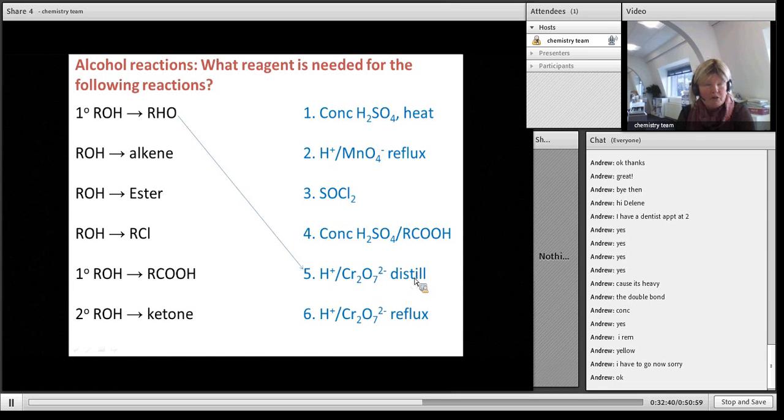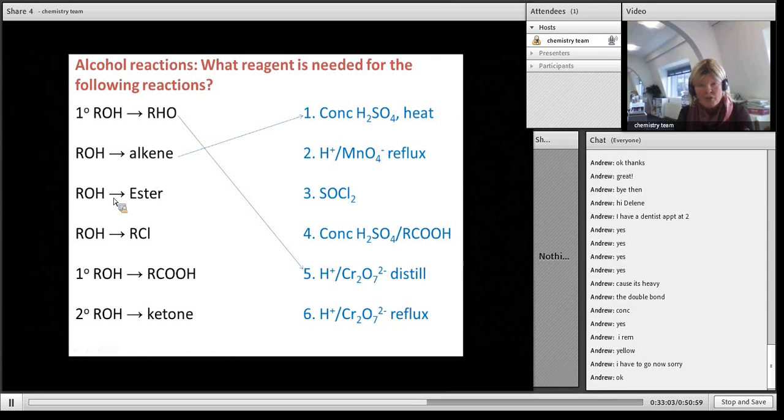If I want to go from alcohol to an alkene, I am removing water. I'm dehydrating it. So I need a good dehydrating agent, concentrated sulfuric acid. If I want to go from an alcohol to an ester, remember an ester is made up of an alcohol and a carboxylic acid.